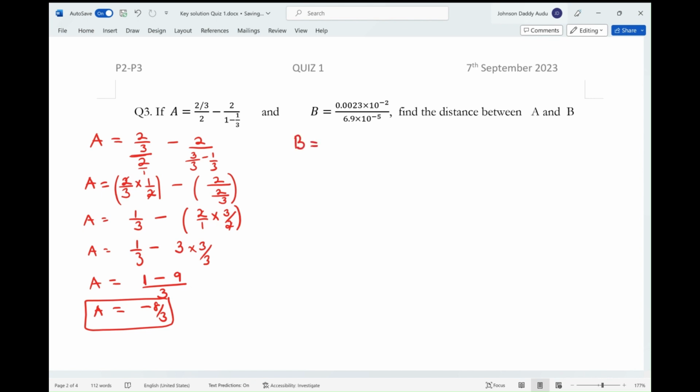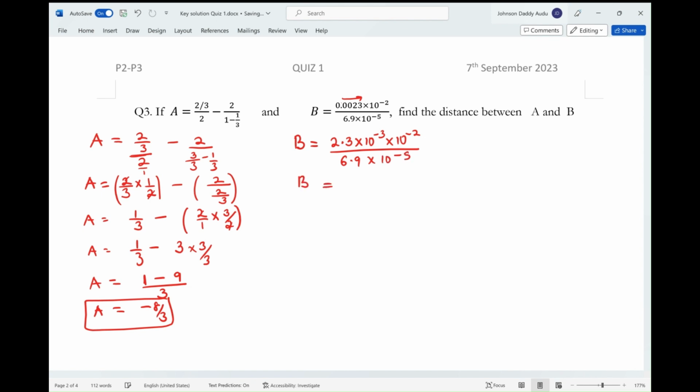Now for B, this is scientific notation, so you can convert it. You move the decimal 1, 2, 3 places. So this is 2.3 times 10 raised to power minus 3, because it's a small number and we are moving from left to right. But now we still have times 10 raised to power minus 2 over 6.9 times 10 raised to power minus 5.